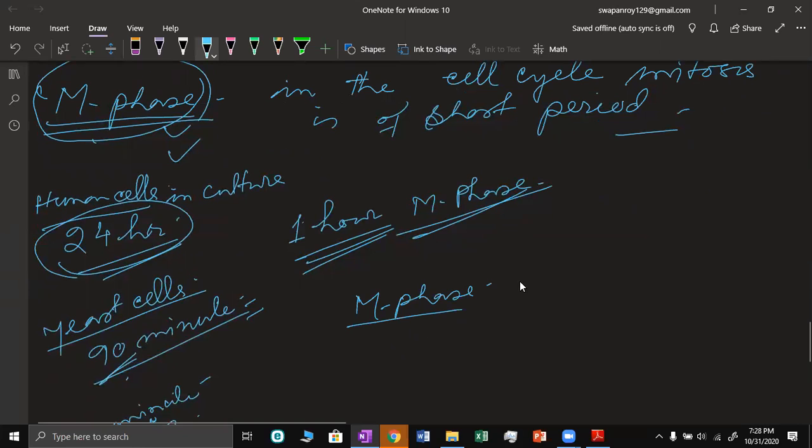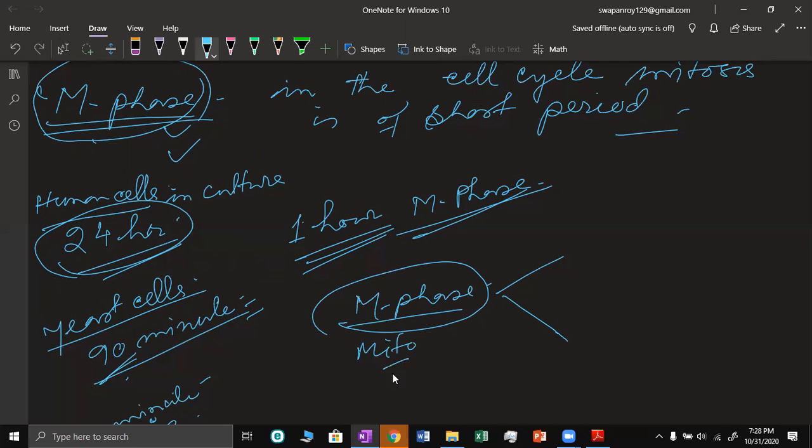Again, in the M phase, when the cell is dividing, particularly this mitosis, we can describe it in two headings. One is called karyokinesis, and another one is cytokinesis.